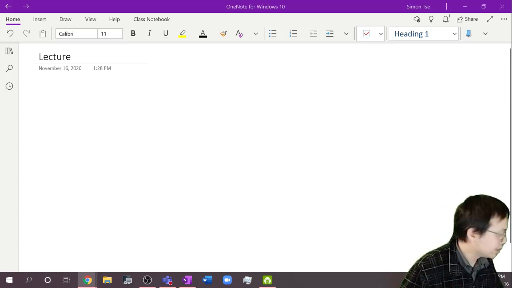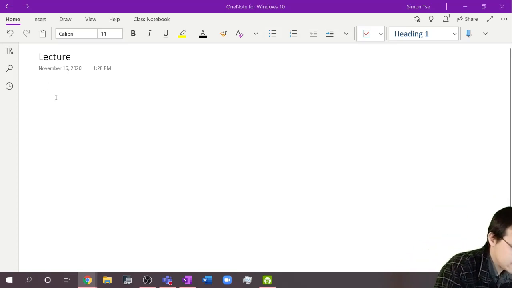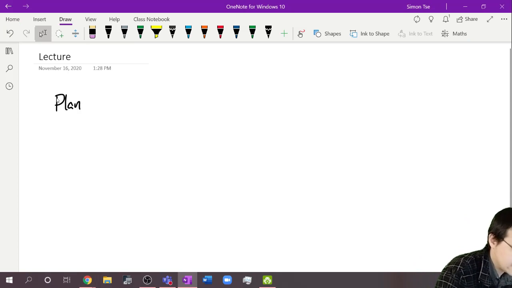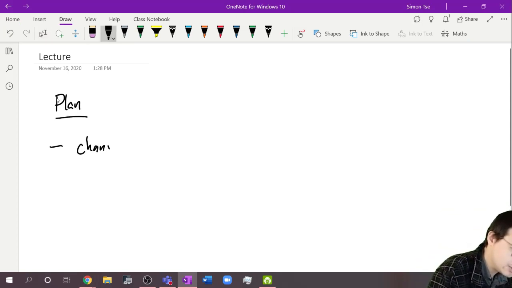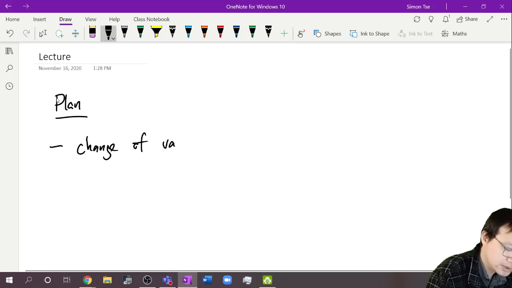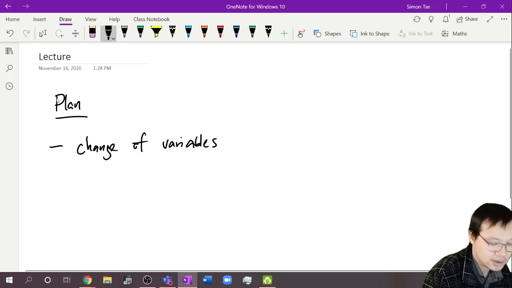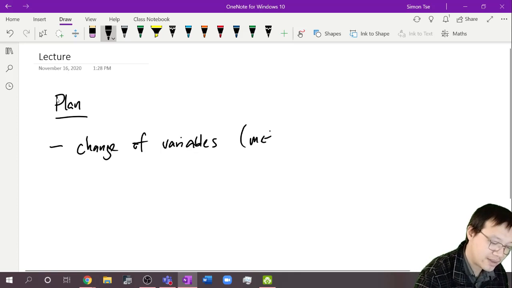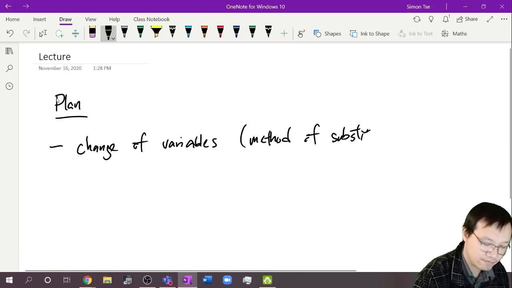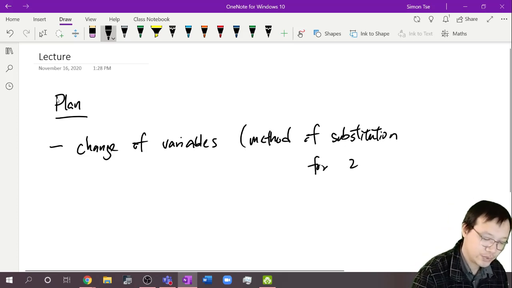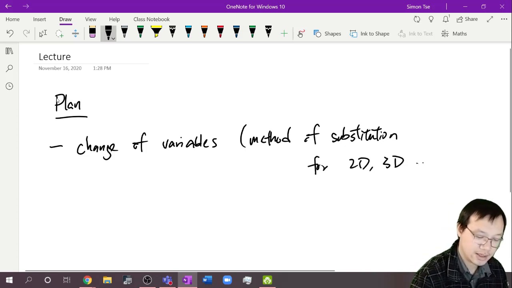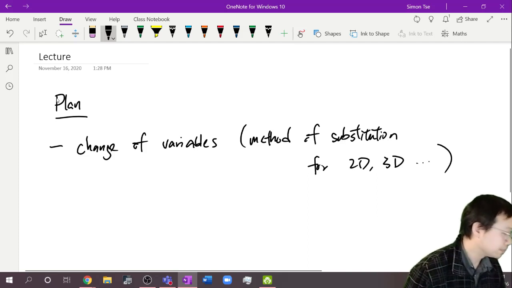Oh, I did not open the meme, but here's my plan. The plan today is to deal with a topic that's usually called change of variables, but it's just the method of substitution. And in fact it works the same for 2D and 3D, and higher dimensions.